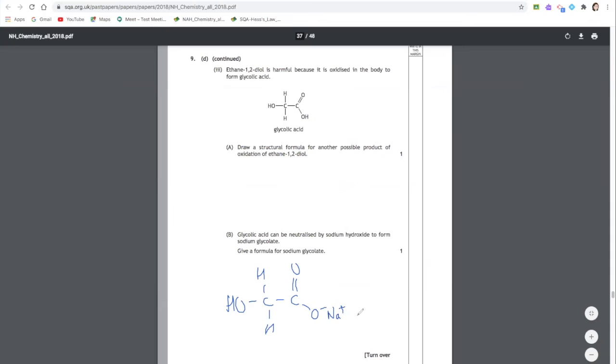You can draw the charges of the ions that form if you wish, or you would still get the credit if you drew it like this. Just as long as you take off the hydrogen ion on the carboxyl group and add the sodium ion in its place.